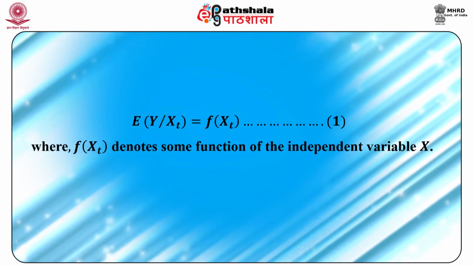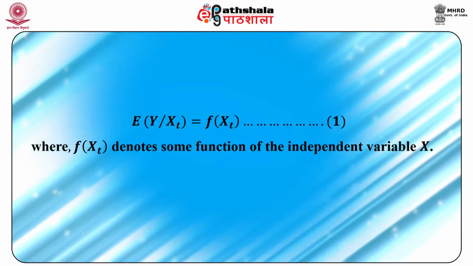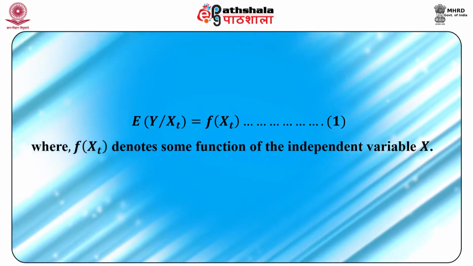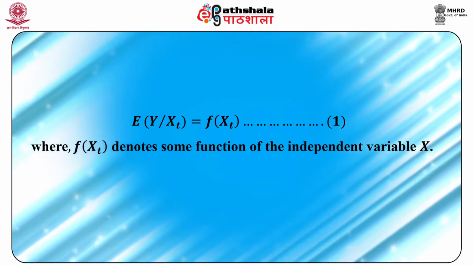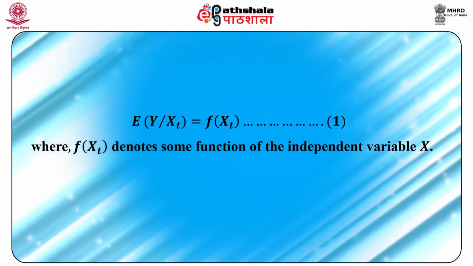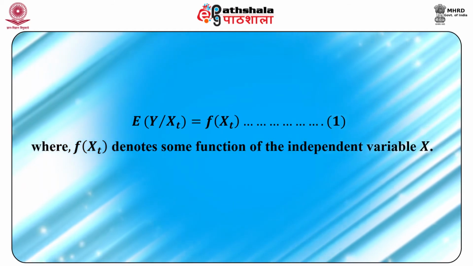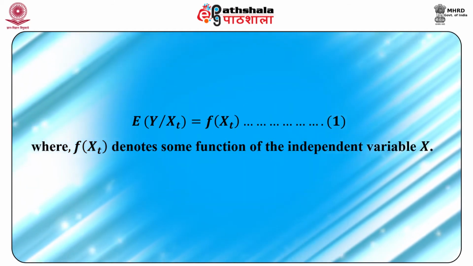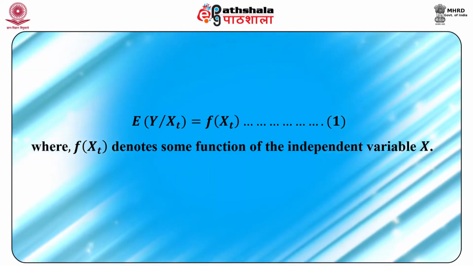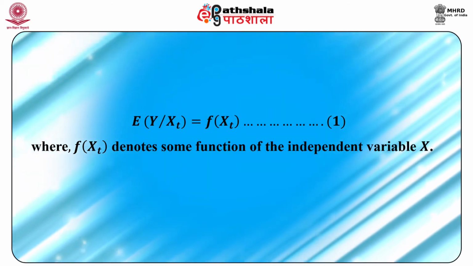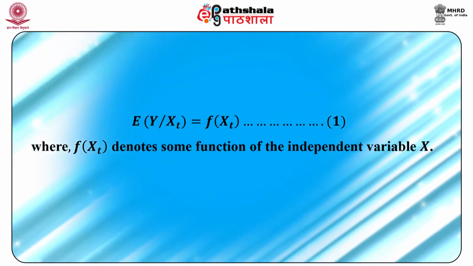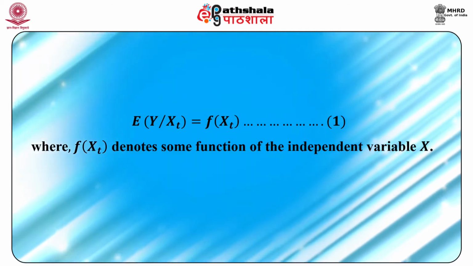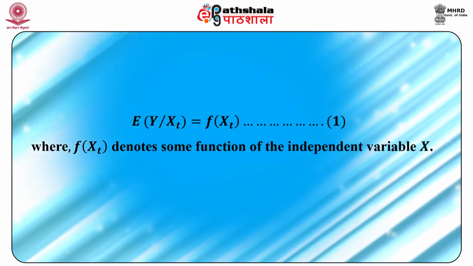In this equation 1, we have the function f(xt), which denotes some function of the independent variable x, which means we are only saying that the expected value depends upon some function of x. But the exact functional form we can write down depending upon our assumptions, what kind of model we want, and what this functional relationship is exactly.